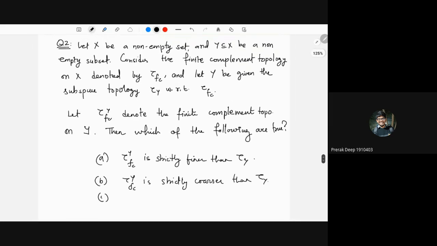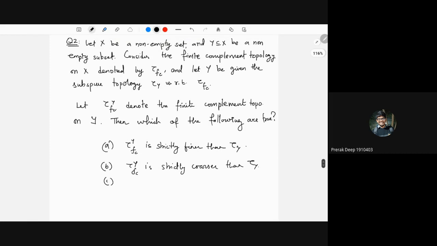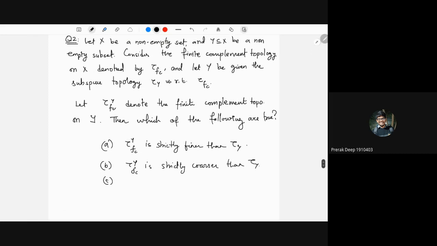Option C is both topologies, the subspace topology and the finite complement topology on Y, are the same. And option D: the subspace topology and the finite complement topology on Y are incomparable. Okay, so again, I will give a few minutes to think about this question, and then we will discuss the solution of this question.